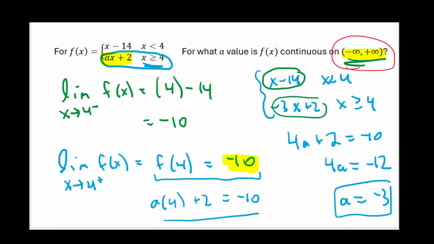The right-hand limit, if I sub 4 in here, I would have -3 times 4, which is -12, plus 2 is -10. And the function itself, the same rule, would be -10. So both the top rule and the bottom rule would give me a value of -10 when I'm testing limits and the function. So I need a to equal -3. Any other a value and it would not be continuous there.